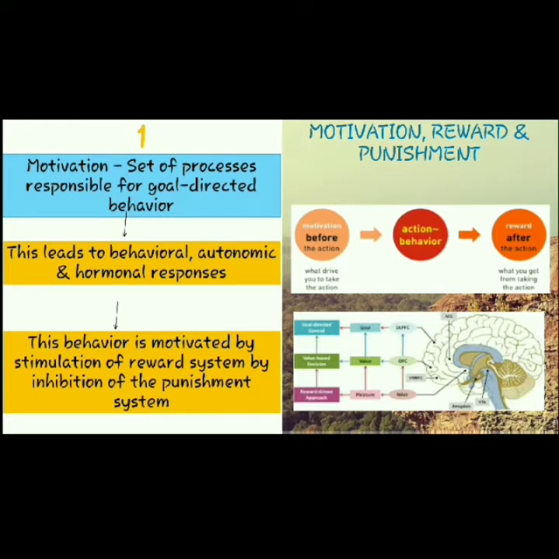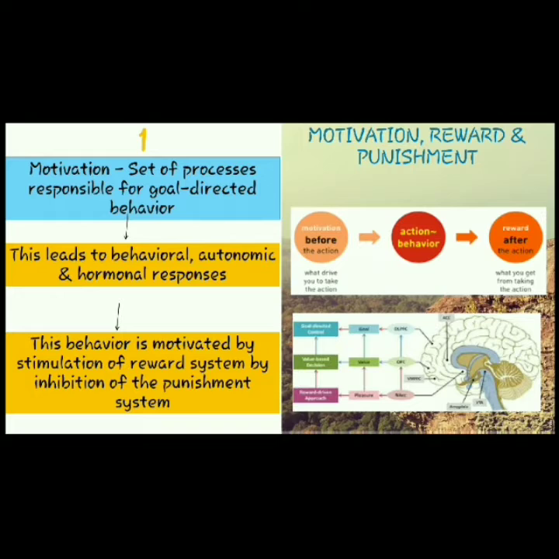What is motivation? Motivation is a set of processes responsible for goal-directed behavior. Yes, obviously, this leads to behavioral, autonomic, and hormonal responses. This behavior is motivated by stimulation of the reward system and inhibition of the punishment system.